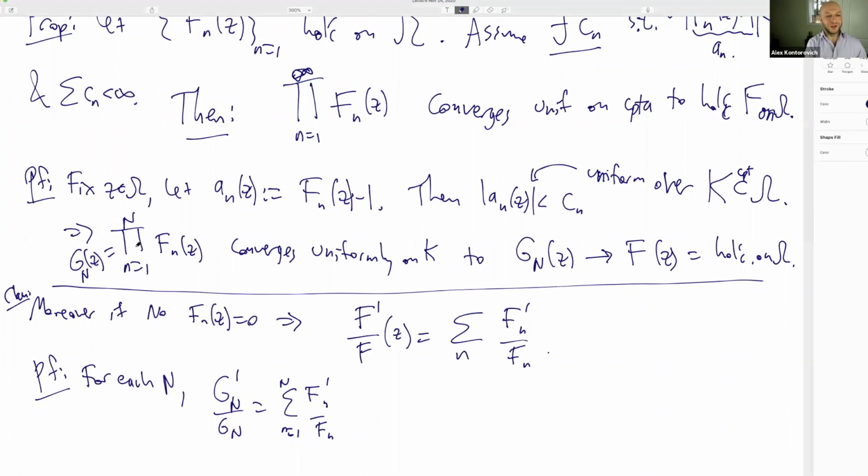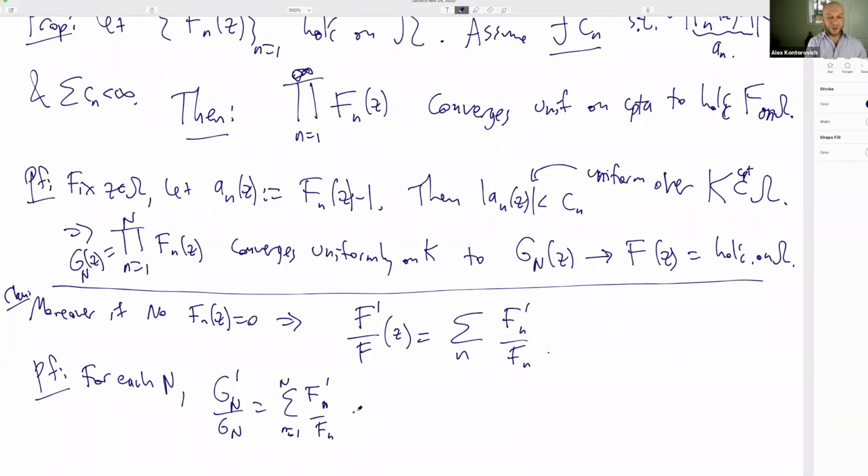If I differentiate, what is the chain rule? I take out one of these Fn's and then the rest of them stay. But if I divide by G, I'm dividing by the product. So it's the same as removing the nth one and replacing it by its derivative. Does that make sense? Now, does this thing converge? So this is true for each n.